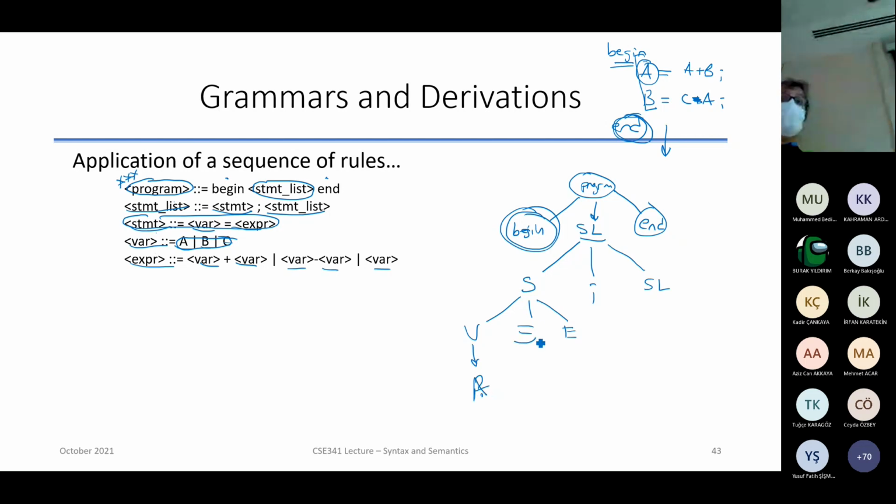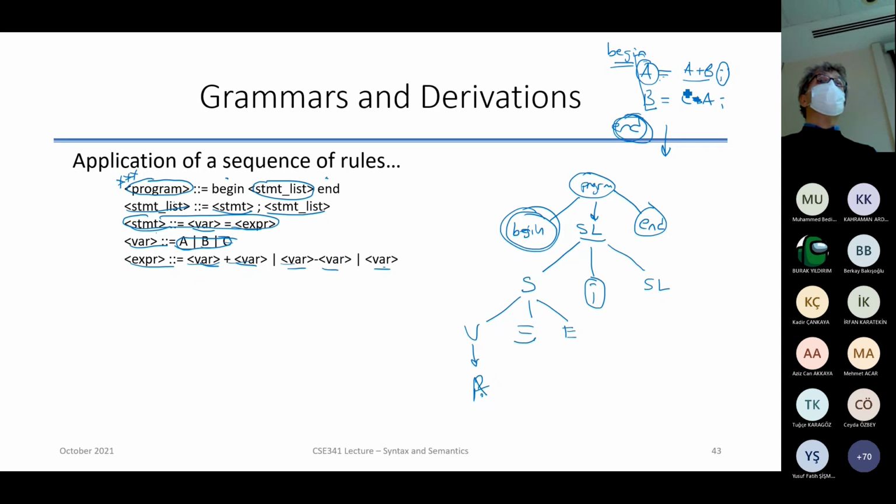This is fine. Now I have E. Let's go further with E. E says it can be either variable plus variable, or variable minus variable, or variable. And by looking a little bit ahead, I can already tell you that after the equality sign, I have A plus B. So it cannot be just a variable.